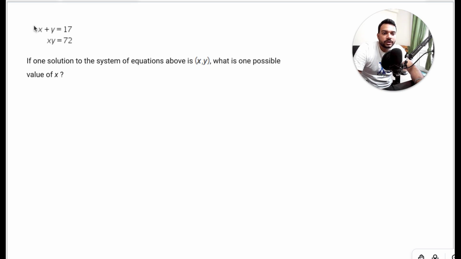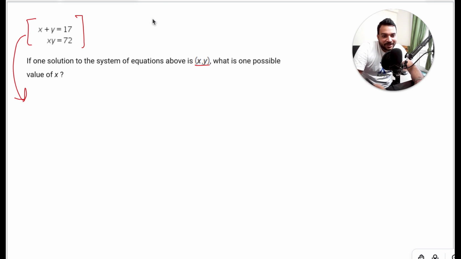We're given two equations, x plus y is equal to 17 and xy is equal to 72. If one solution to the system of equations above is x comma y, what is one possible value of x? Okay, it's quite tempting to see that we've already figured this out. x times y is 72.